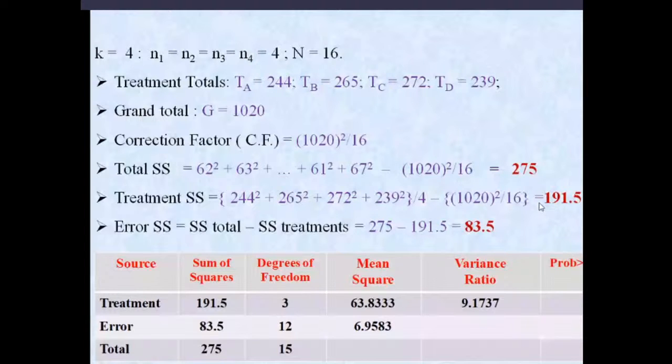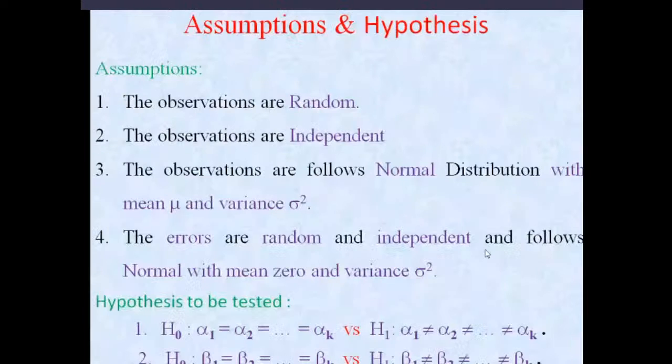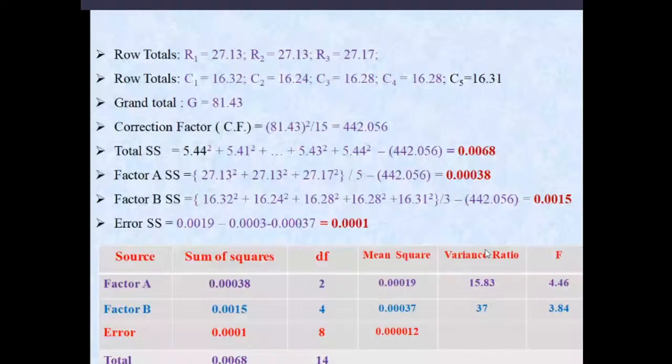Then I'm calculating the error sum of squares, which is total sum of squares minus treatment sum of squares. Total is 275 and treatment is 191. So if you calculate, you get the remaining value. Then I'm expressing these values in a tabular form.